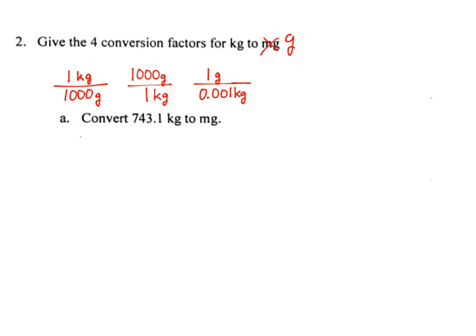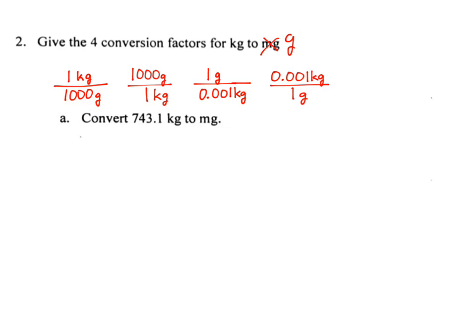Or we could also write this, and you see this sometimes, as 10 to the negative 3 kilograms. That is another way to represent 0.001 kilograms. And then the reciprocal of this, of course, is 0.001 kilograms for every 1 gram. All of these are equivalent to each other and equivalent to 1.